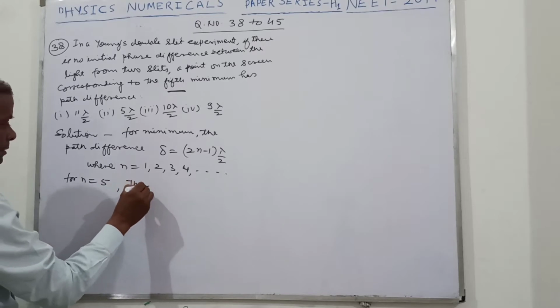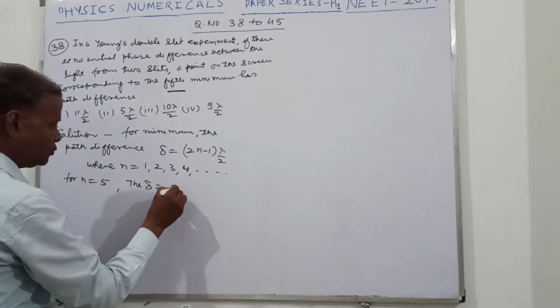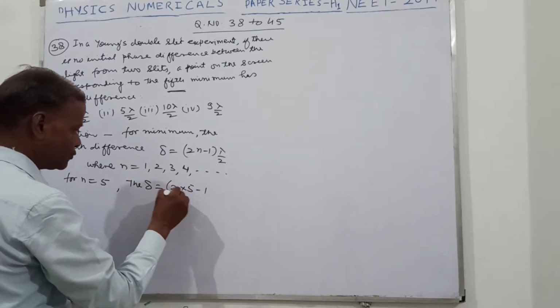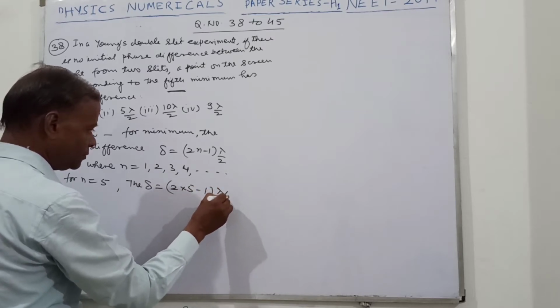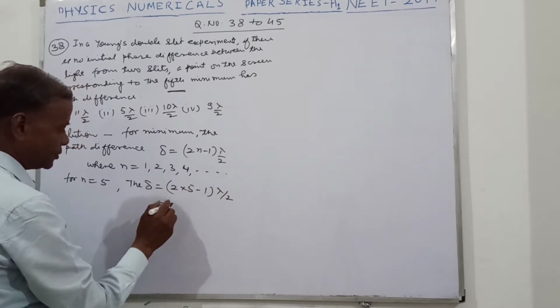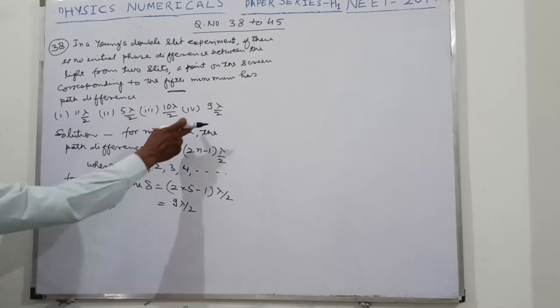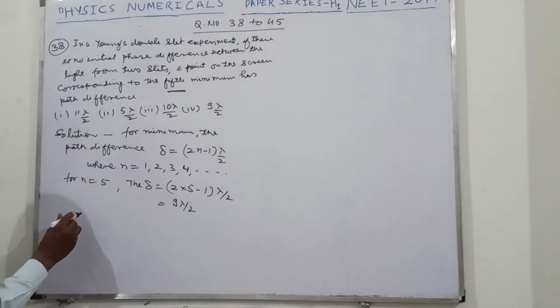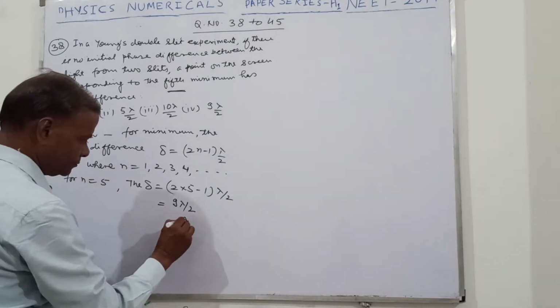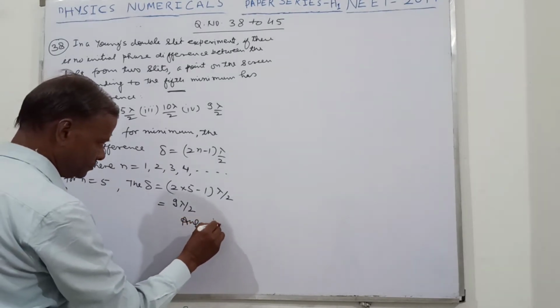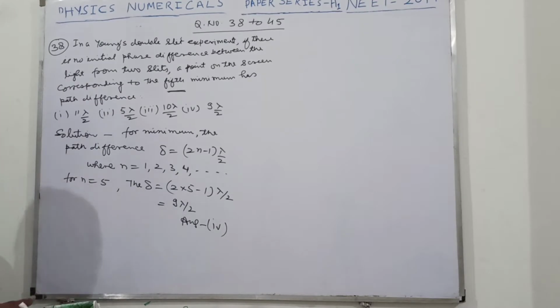The delta is equal to (2 into 5 minus 1) into lambda. 10 minus 1, so this is now your 9 lambda. This is the answer. So the answer is fourth. Correct choice is fourth one.